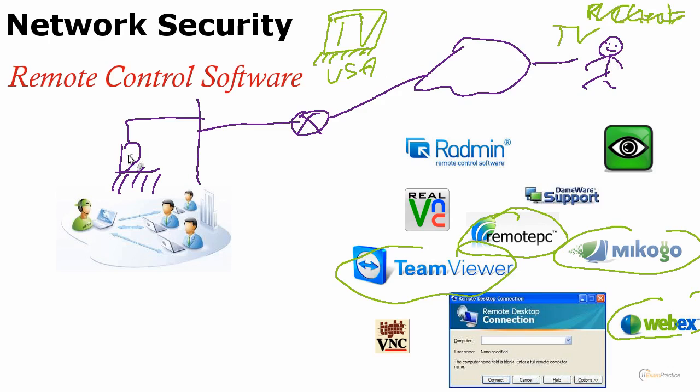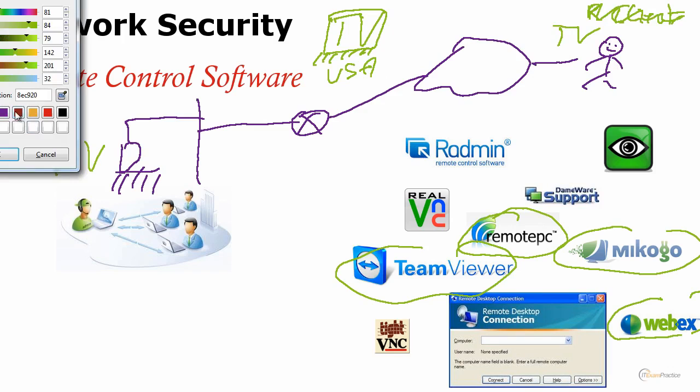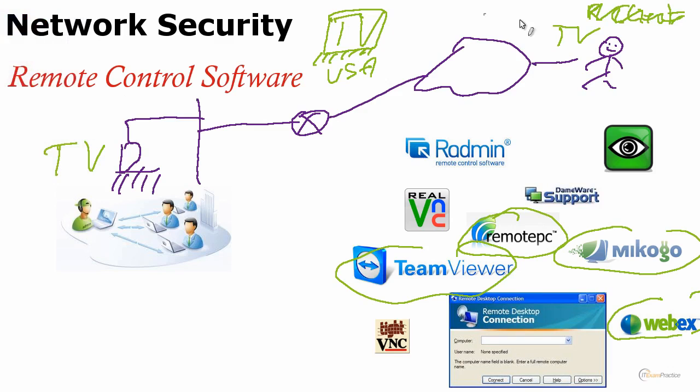Then there is TeamViewer running on the server as well. And the way it works is like that. TeamViewer from your PC will go to the server somewhere in the world. You don't really know where. It is a server somewhere, and this server will connect to that guy. This session will be encrypted as well, of course.